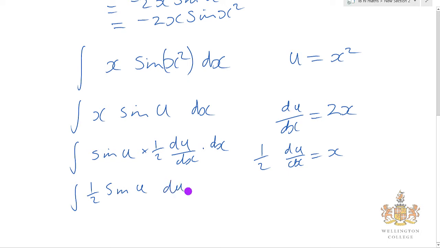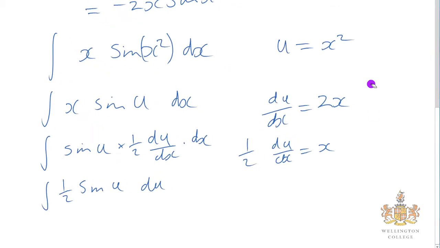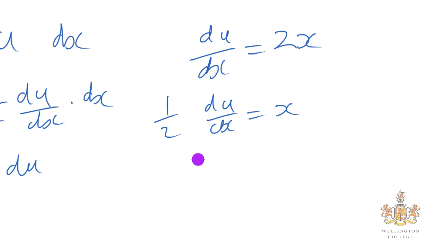Now, strictly speaking, you can make this a little bit simpler. Some students quite like splitting up the du by dx in here. It's not strictly something you can split up, it's not really a fraction, but it actually works in the same way. So what we could do here is realise we've got a half du is equal to the x dx.